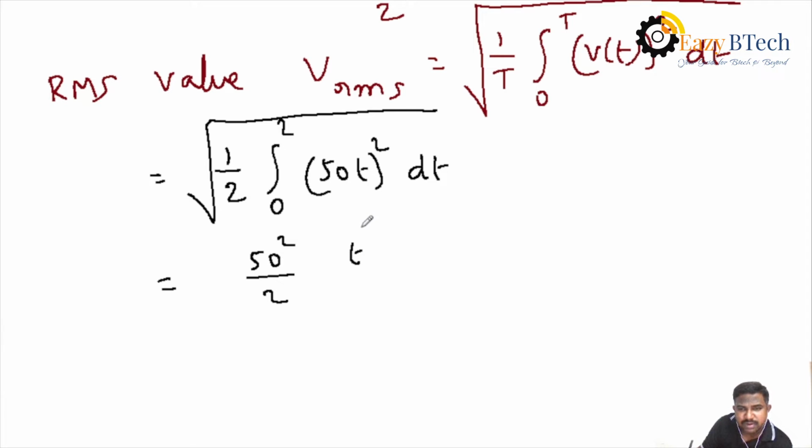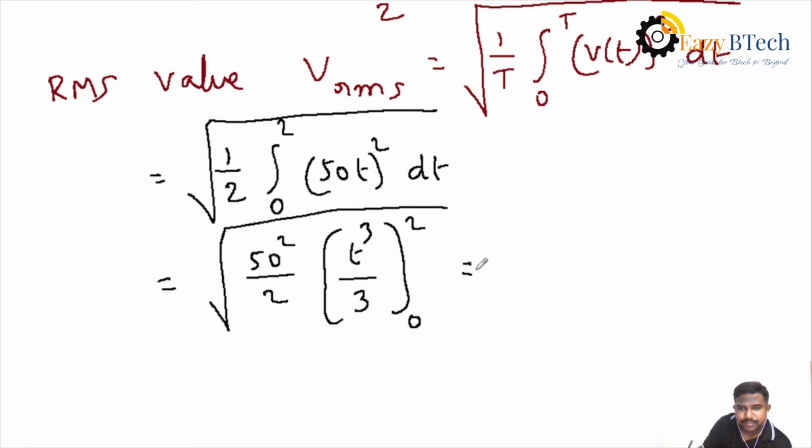The integral of t power n is t power n plus 1 by n plus 1. Here, in place of n, we have 2, that's why 2 plus 1, so t cube by 3. Then the limits are 0 to 2, all under the square root.